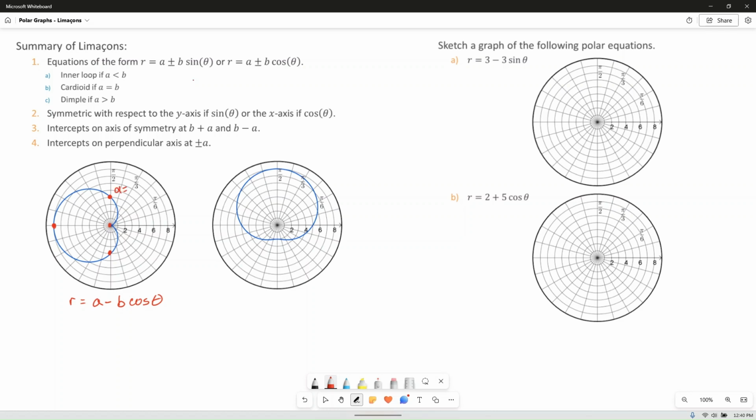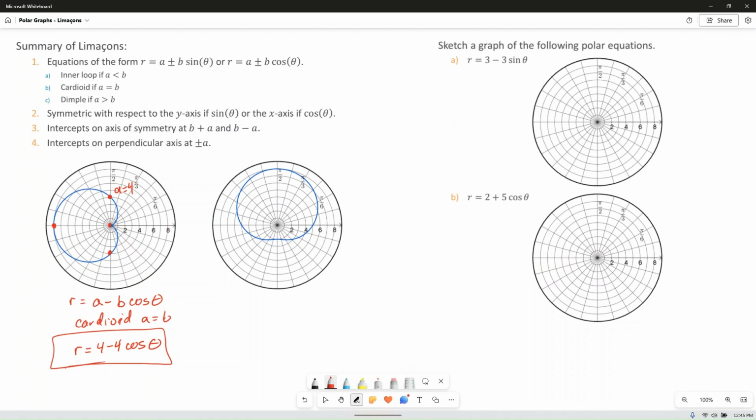So I know a has to equal 4. But because it's a cardioid, I know that the a and the b values have to be equal to each other. So if a is 4, b also has to be 4. So my equation for this graph is going to be r equals 4 minus 4 cosine of theta.